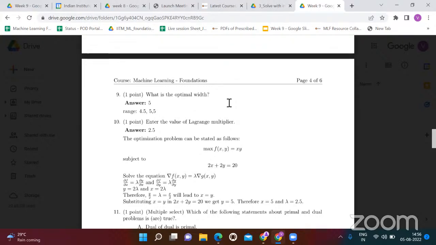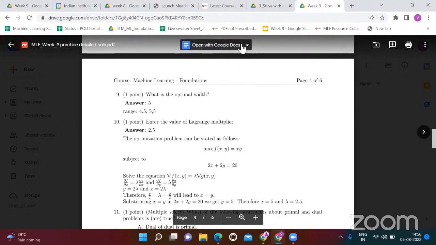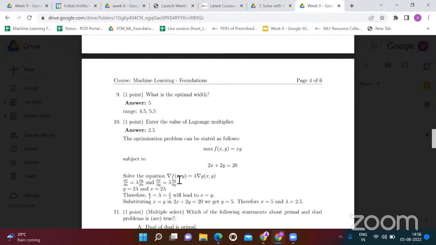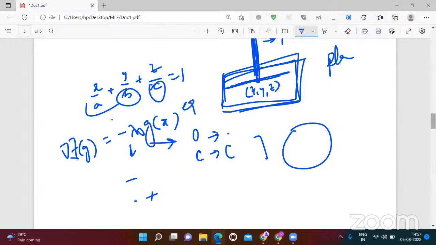Sir, even if it is x plus y equals to 10, then also you will get the same, right? Yeah, wait, I'll just calculate this. Del f by del x is y, right? Okay, tell me the equation. 2x plus 2y is equal to 20.